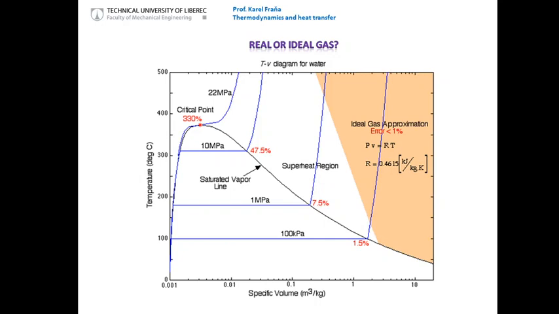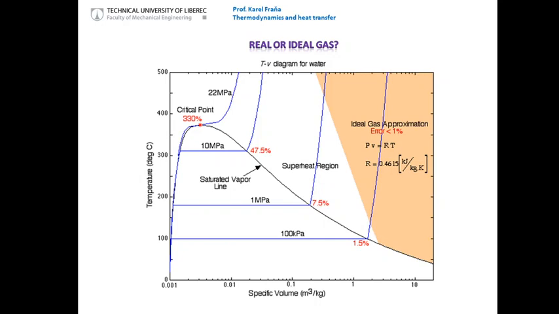As you can see, there is a big region very close to this red region in the direction to the left. And this number in percentage indicates the error if you apply the ideal gas approximation.